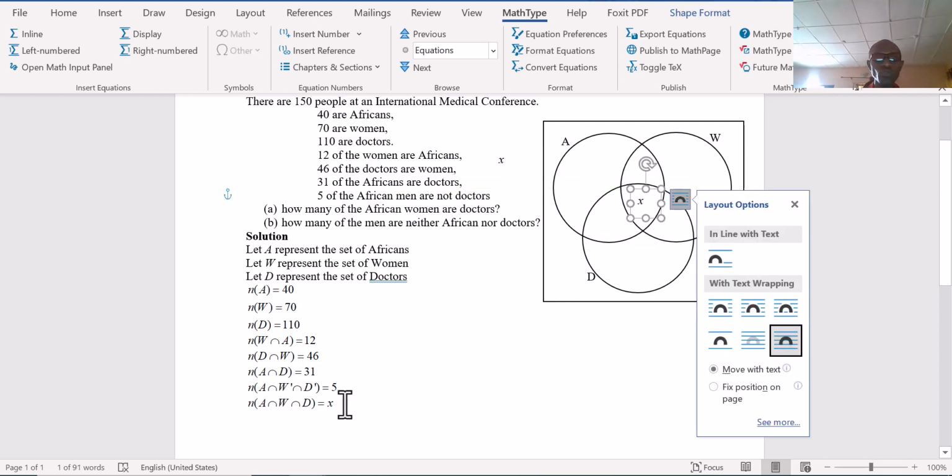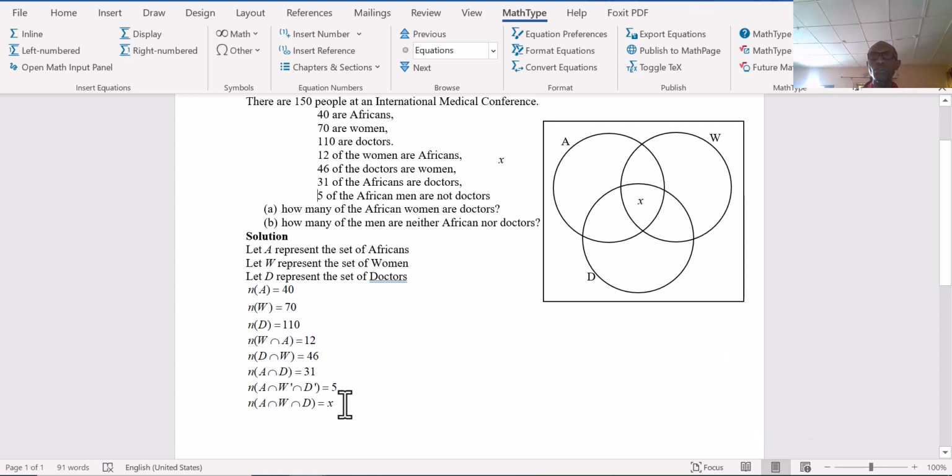Now, those who are Africans, they are doctors, and they are women. That is this region X. That is what we represent it with. Now we can get some of the other ones that we are given.